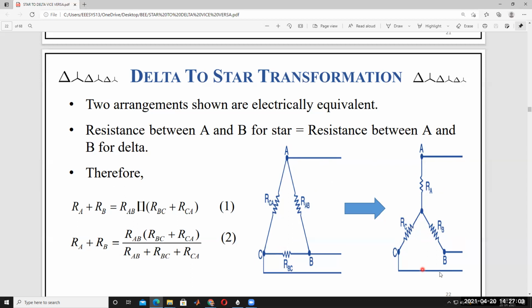There is no current flowing through the C branch because it's not connected, so current is only entering and leaving. That's why RA and RB are in series.